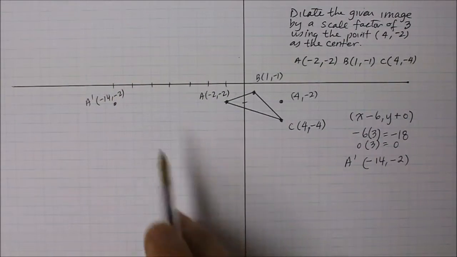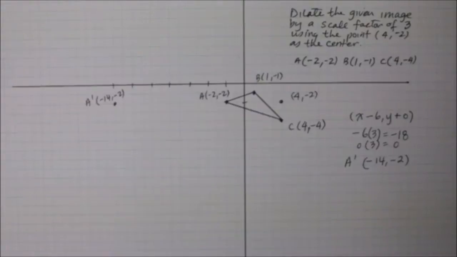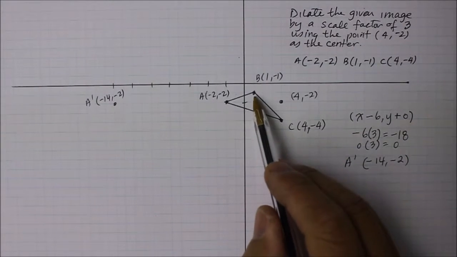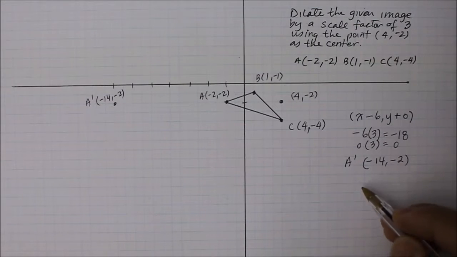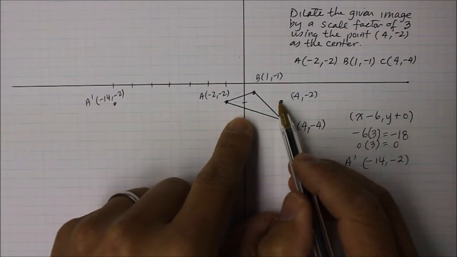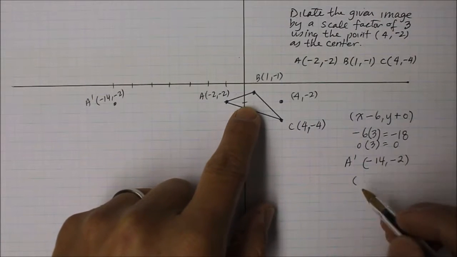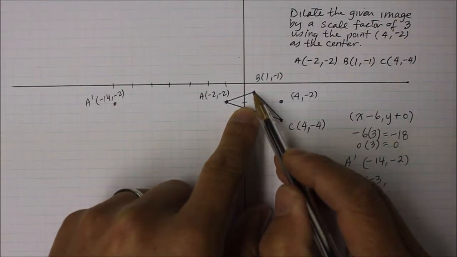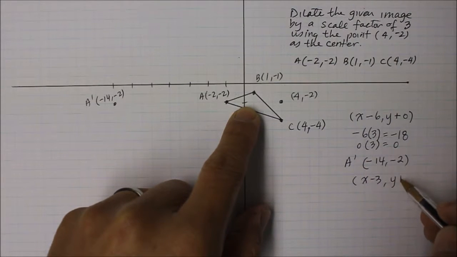I think you already got the idea. And I'm going to repeat the process for vertex B. So the translation required to go from the center to B is to the left 1, 2, 3. So x minus 3 because it's to the left. And then go up 1 unit. So y plus 1.